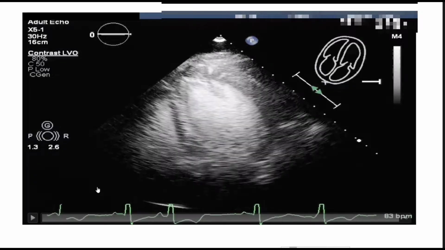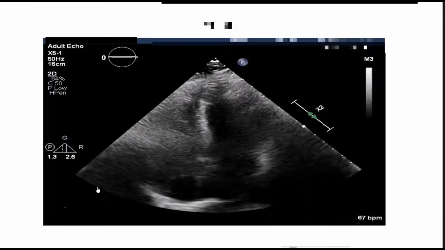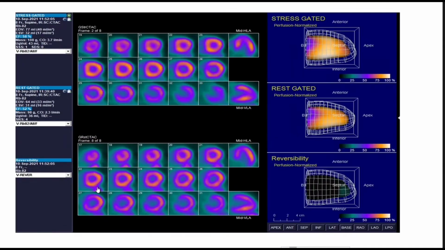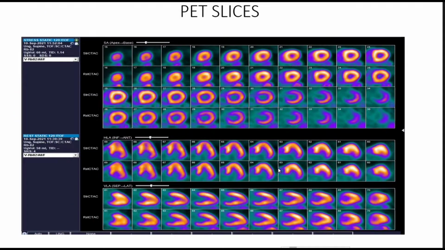Exactly. And so now if we go back to the PET, I want you to look at the perfusion images again, applying what Ken was just saying. Do we see any similarity between the ultrasound and what's being seen on the PET images?